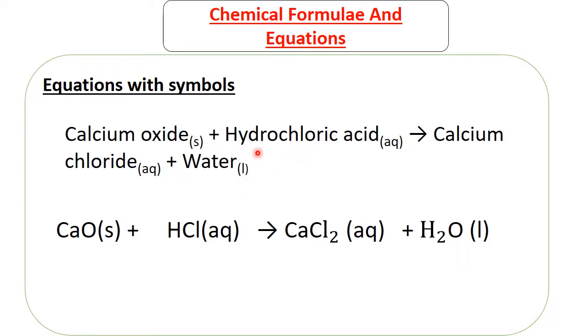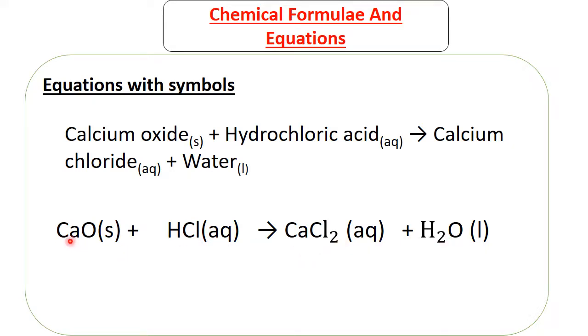It's just an acid made of hydrogen and chlorine. The valence for hydrogen is 1, and the valence for chlorine is 1. Calcium chloride: calcium valence is 2, chlorine is 1, so it's CaCl2. Water is H2O.